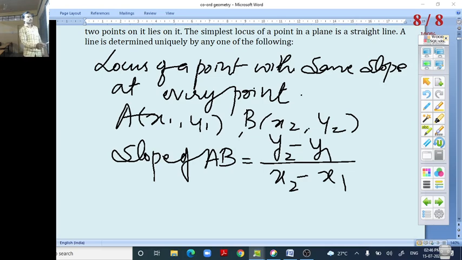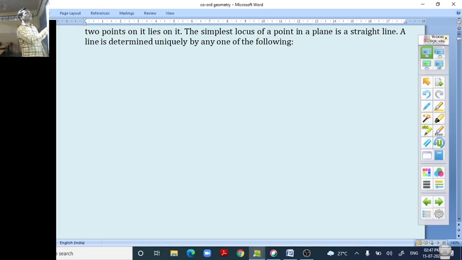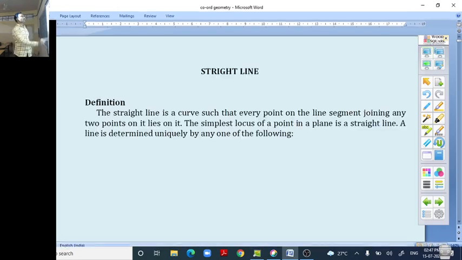Okay, so this is the slope which is represented using the letter m in coordinate geometry.